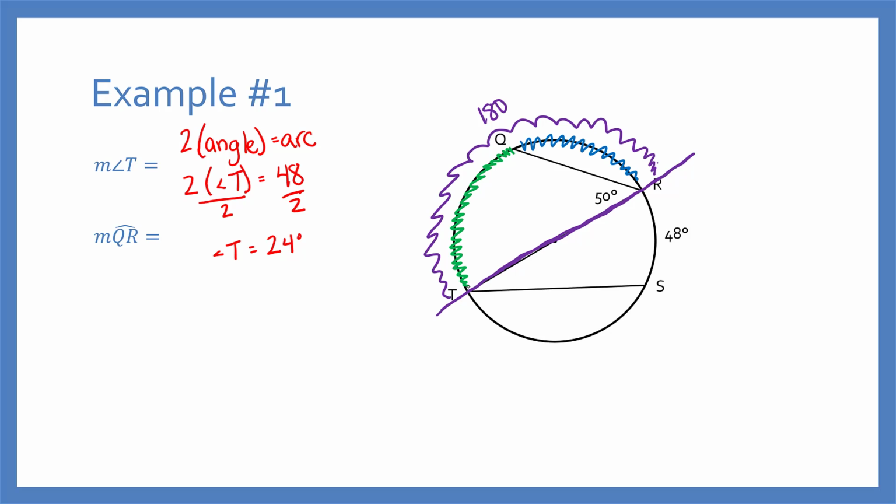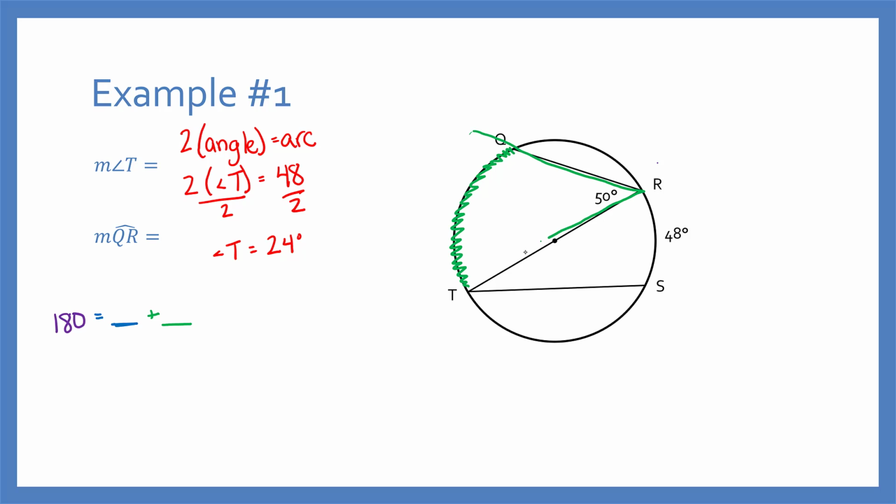When I look at these different pieces, the full semicircle is 180, and that equals my blue plus my green arcs. So I need to find one of these. Well, I notice that my green arc has an angle that intercepts it. Let's erase some of this extra stuff.